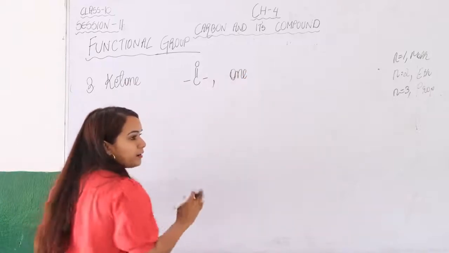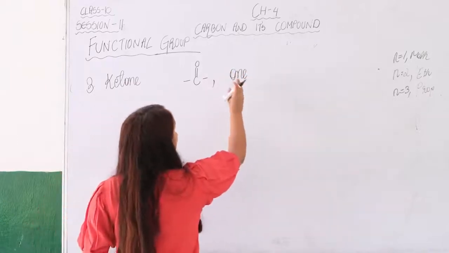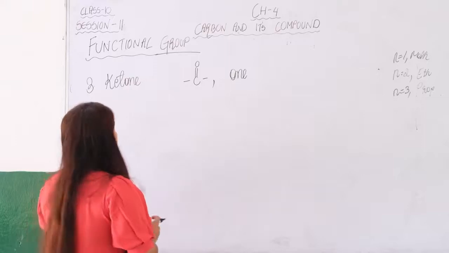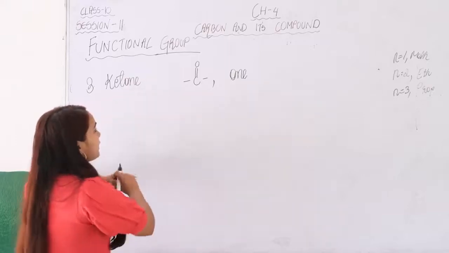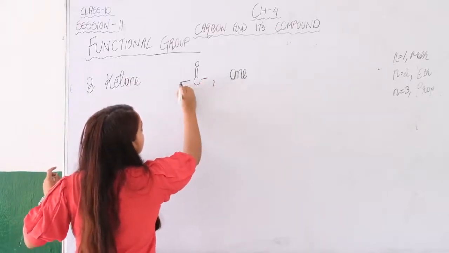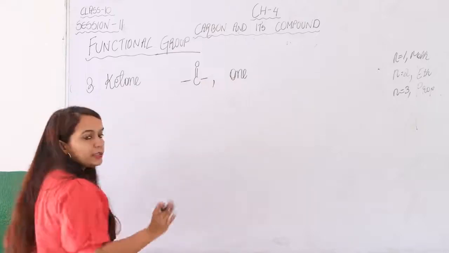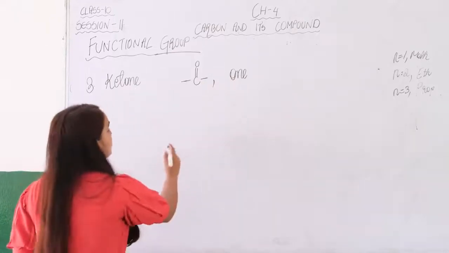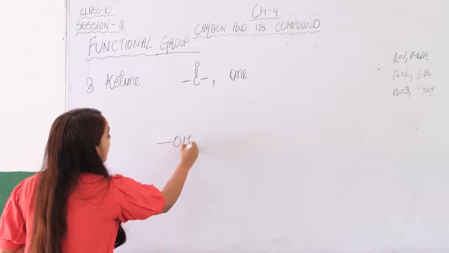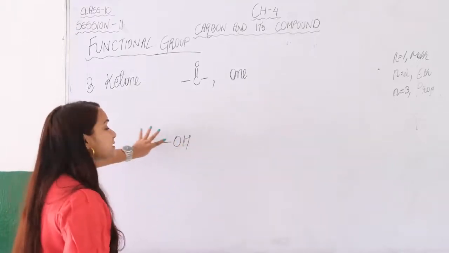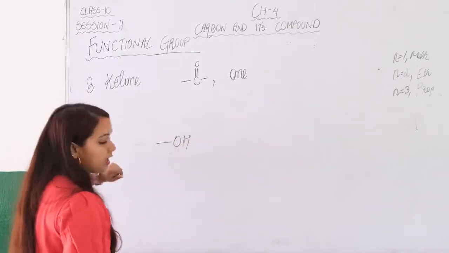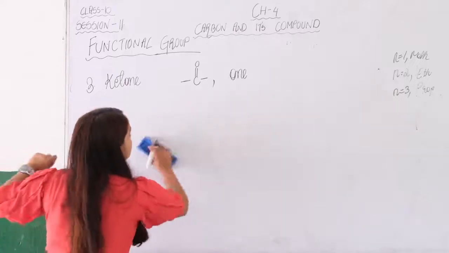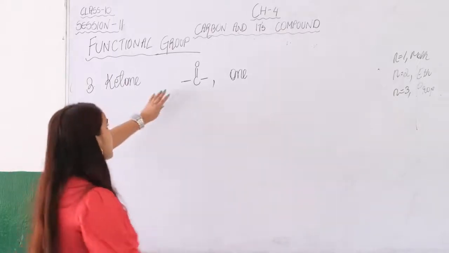This is not pronounced as one, it will be pronounced as on. Now you see that in case of ketone we have dashes on both sides. In case of haloalkanes and alcohol, we saw that the dash was only on the left hand side. That means on the left hand side we have to attach the alkanes.